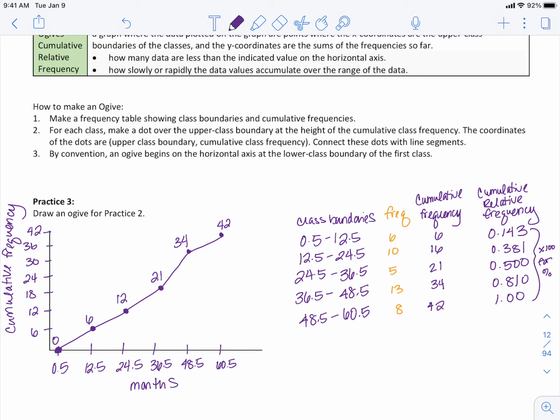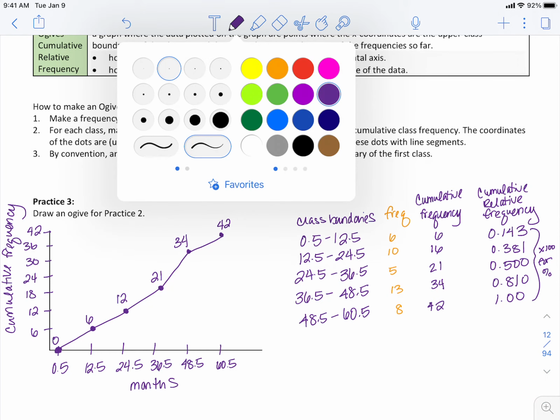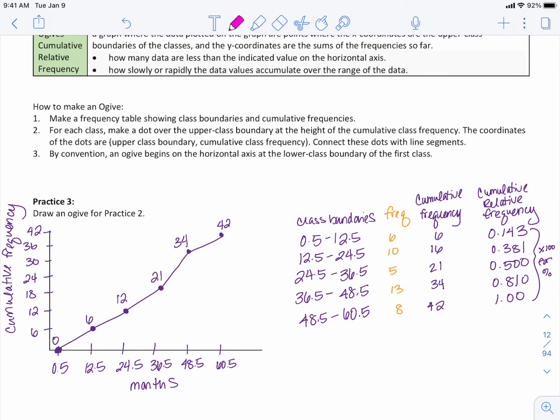The other thing, you can label these and do cumulative relative frequencies. So if you wanted to list this as the cumulative relative frequencies, you would have the percentages on the side. And then instead of these numbers, you would have here 0%.